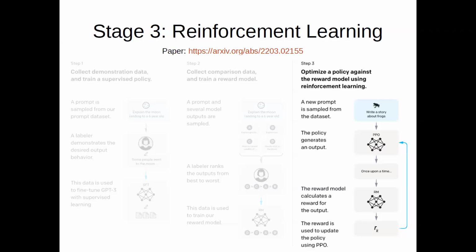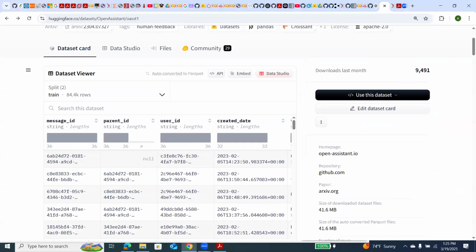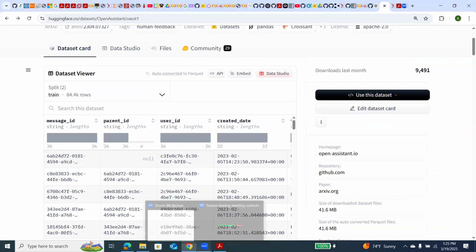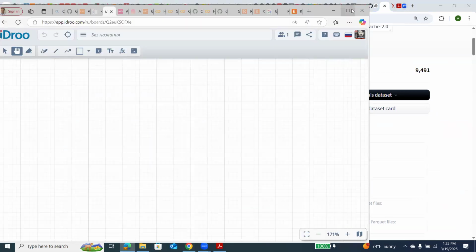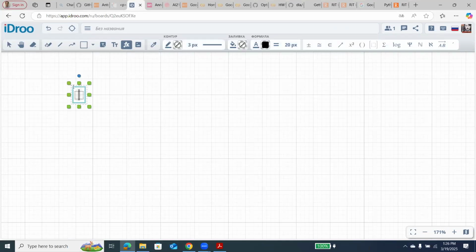Okay, now let's talk about why it's called reinforcement learning with human feedback.